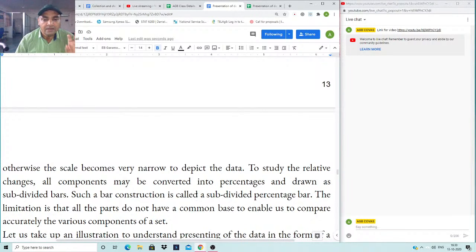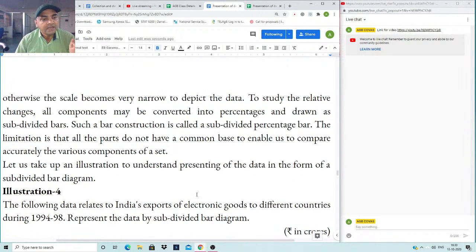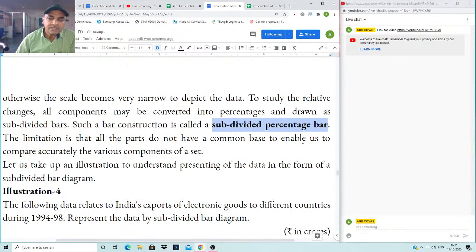If they become very high, the scale becomes very low, and we will not be able to depict the data clearly. So, to study the relative changes, all the components may be converted into percentages. One can convert all the components into percentages and then draw a subdivided bar diagram. Such a bar construction is known as a subdivided percentage bar. Instead of the values you convert them into percentages, and I will tell you how to convert into percentages in the pie diagram, which is coming down.